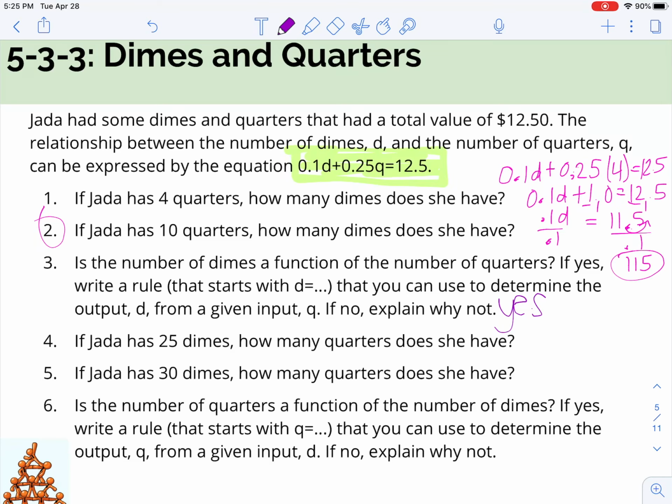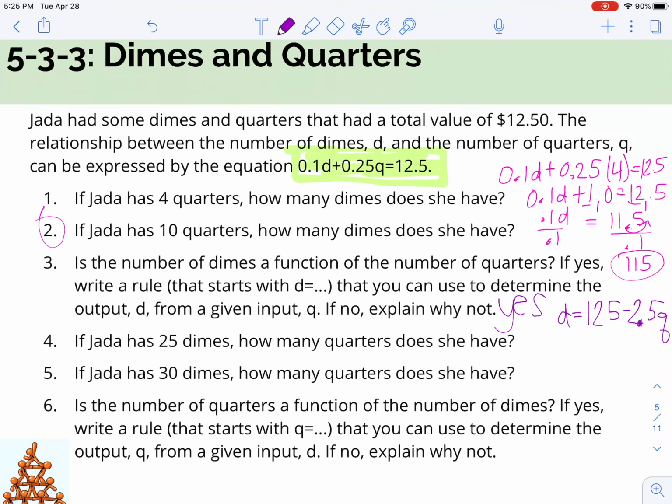And then we can say something like, I guess we can use part of their equation. So the book is saying something different than what I want to say. They are saying that D equals 125 minus 2.5Q.